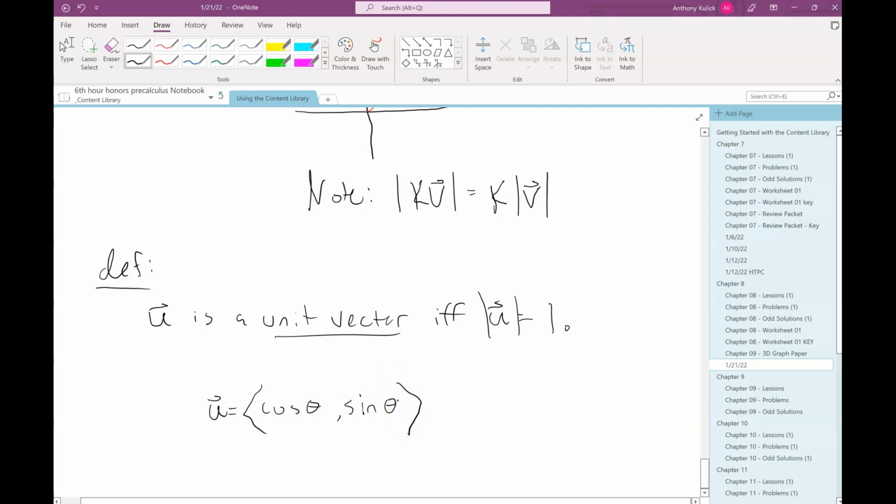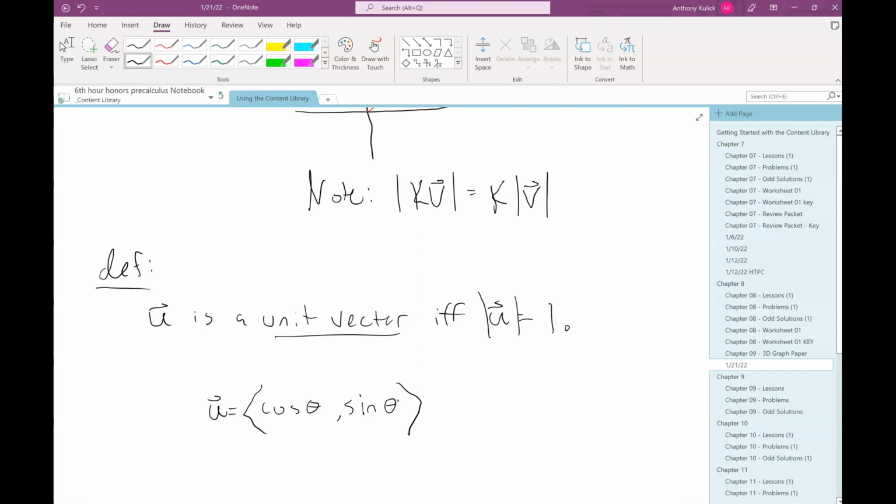So the component form, cosine theta comma sine theta, represents something that's a unit vector. And since there's infinitely many points on the unit circle, we have infinitely many unit vectors, right? Every unit vector could be represented in this form.